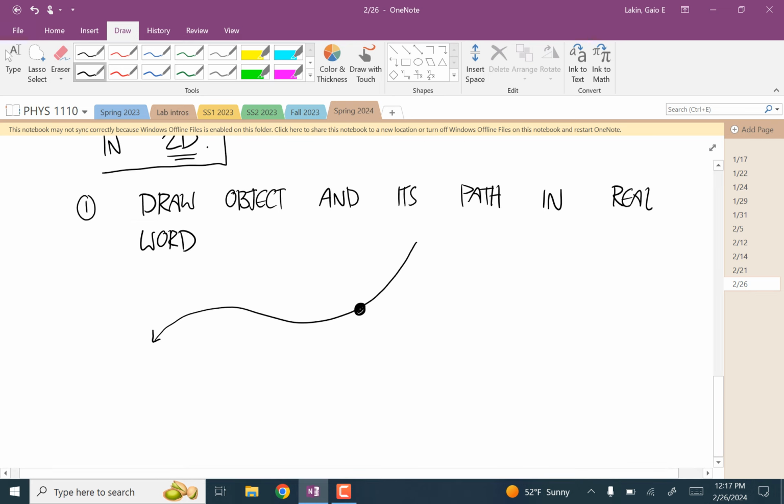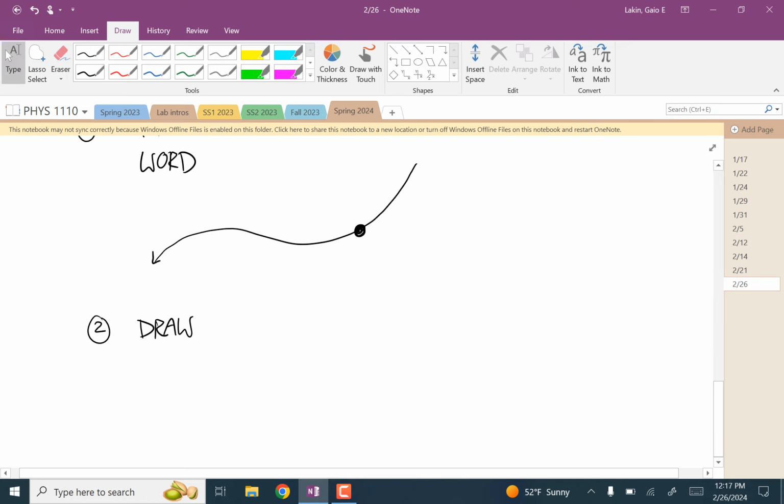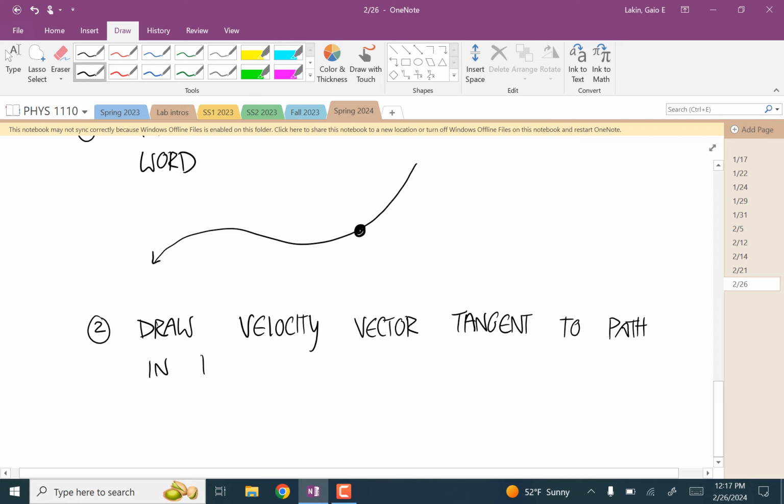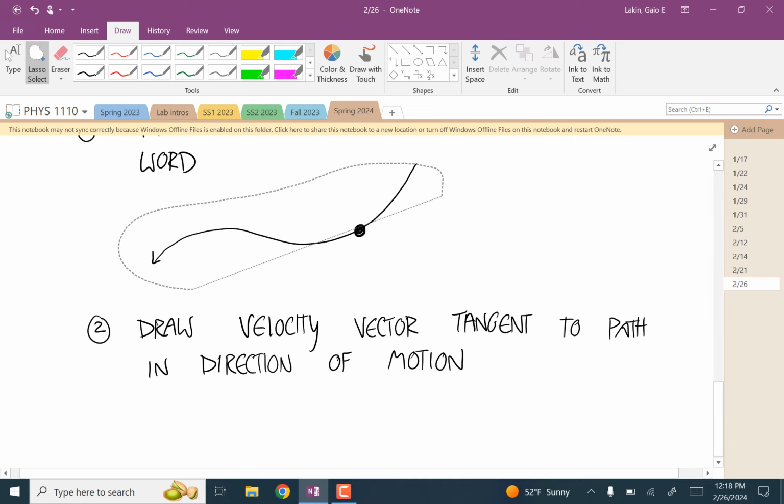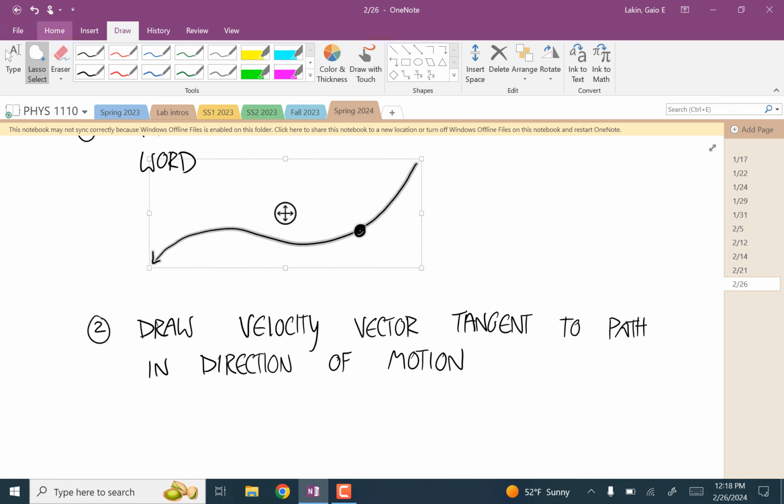Second, draw the velocity vector tangent to the path in the direction of motion. I'll just copy this down below.